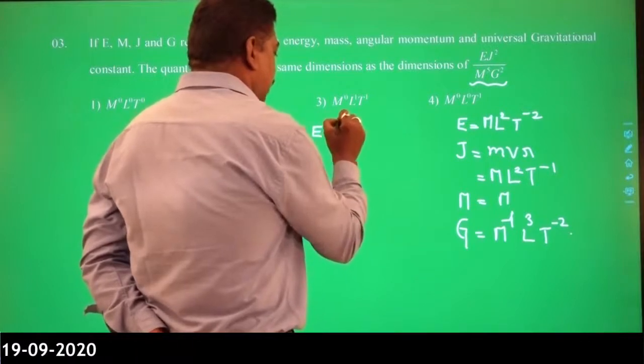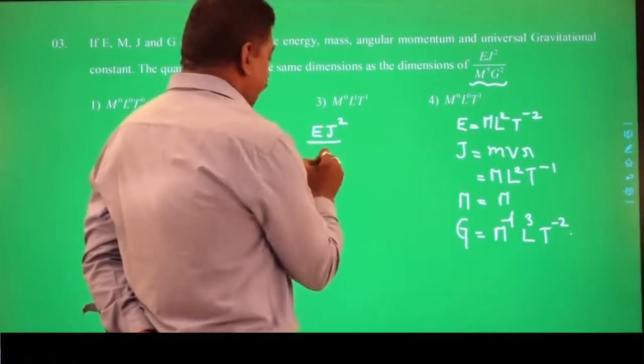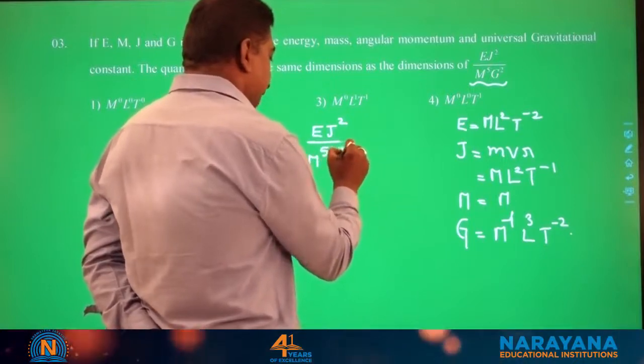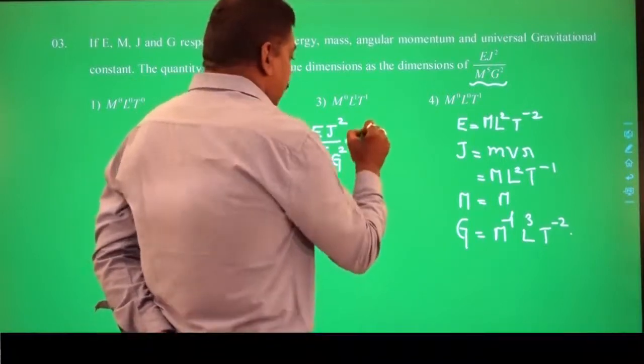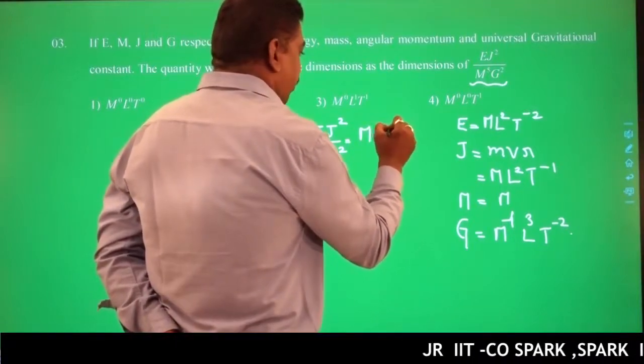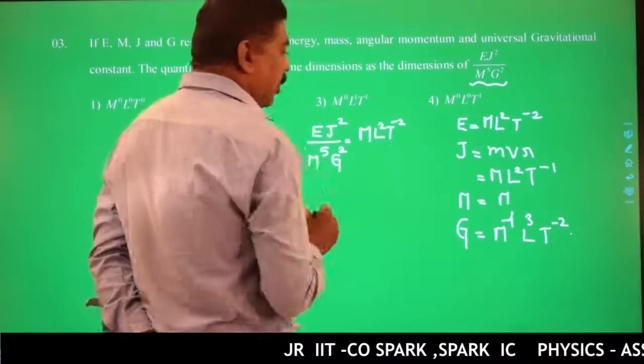E J square divided by M power 5 G square equals M L square T power minus 2 into J. What is J?